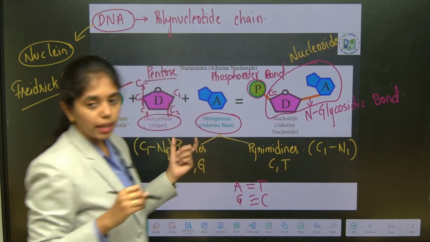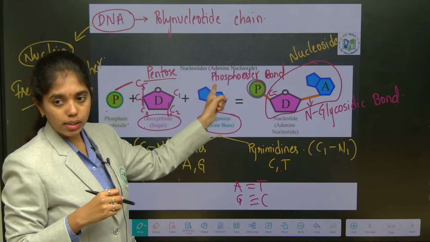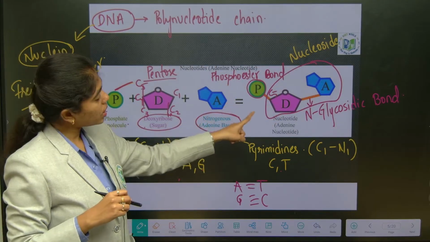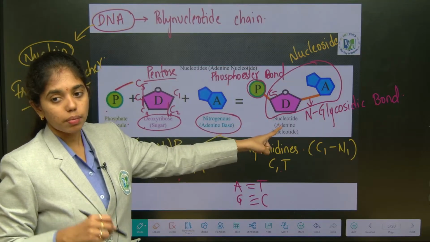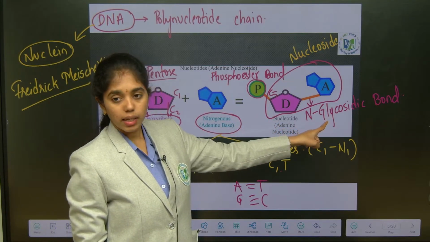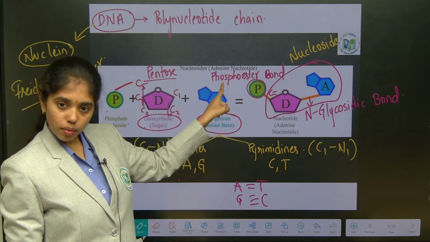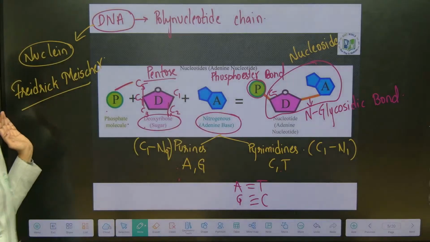You have to be clear on which carbon is binding and what is the type of bond, for both glycosidic and phosphoester. So in a single nucleotide, how many bonds are present? Two. One is glycosidic bond and one is phosphoester bond. Take it down clearly.